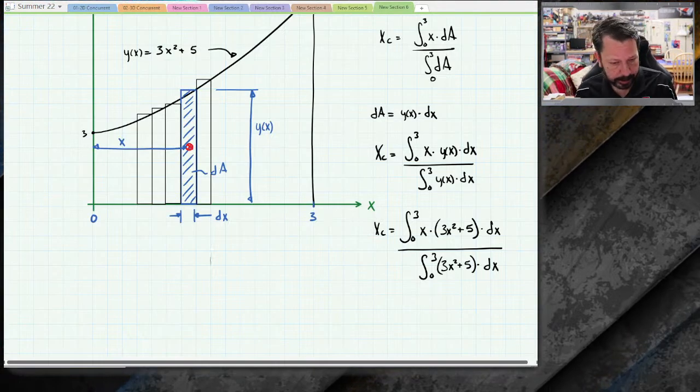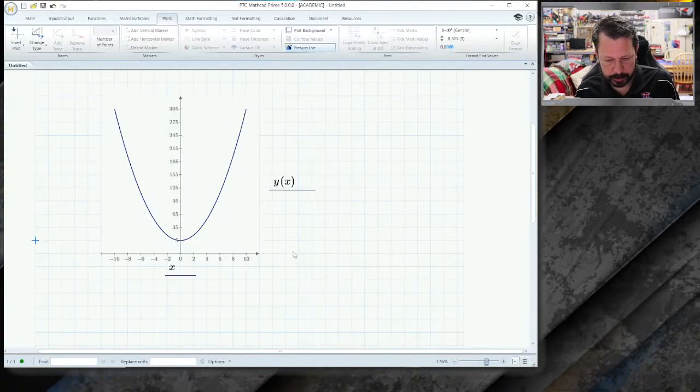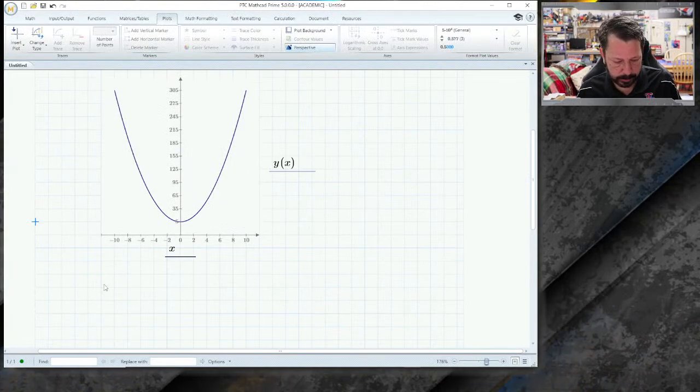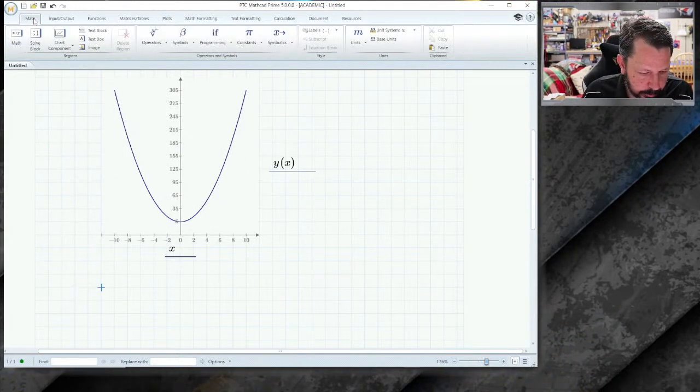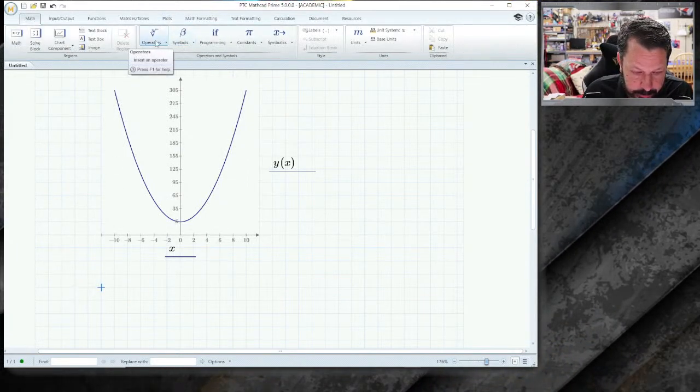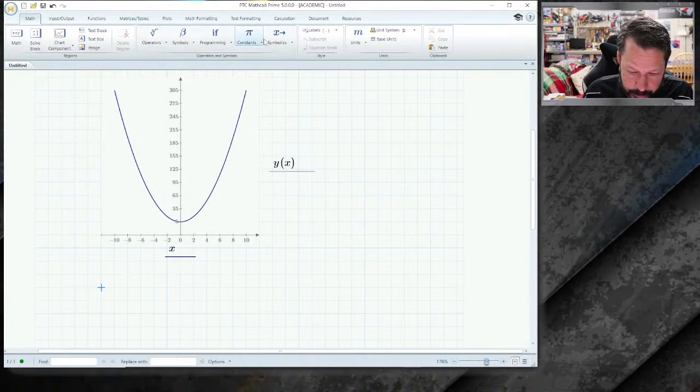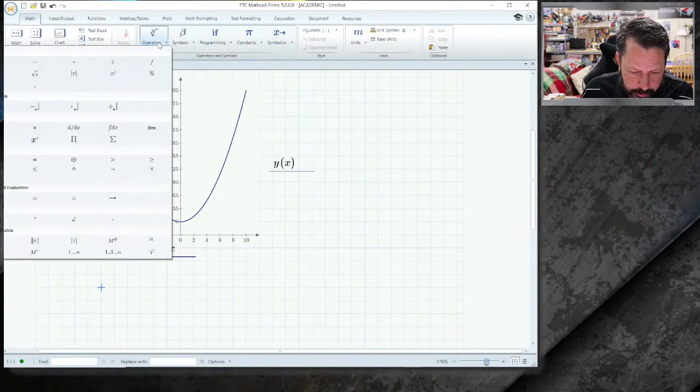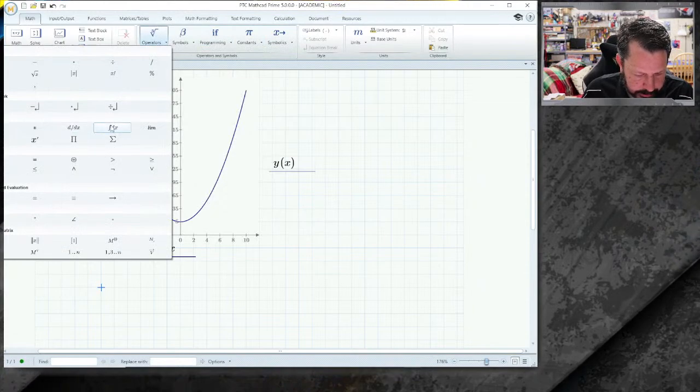So those look like things I can probably integrate. Let's go in MathCAD and do that. Obviously, these are easy enough that we could integrate by hand, but I wanted to do them here. So we'll see if I can figure out where that definite integral is. Right there.